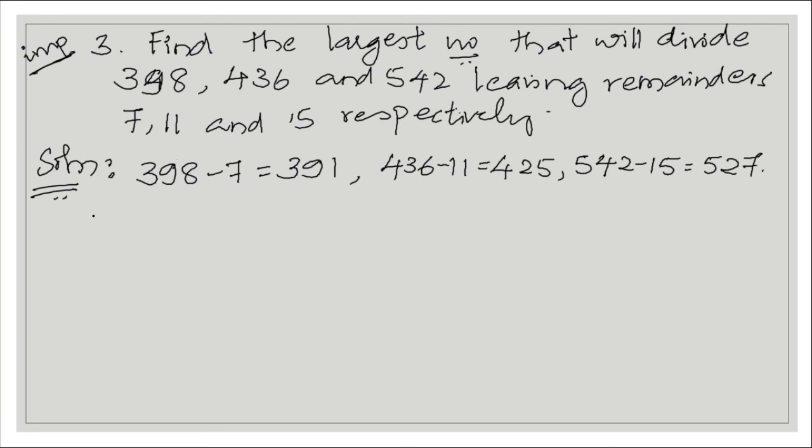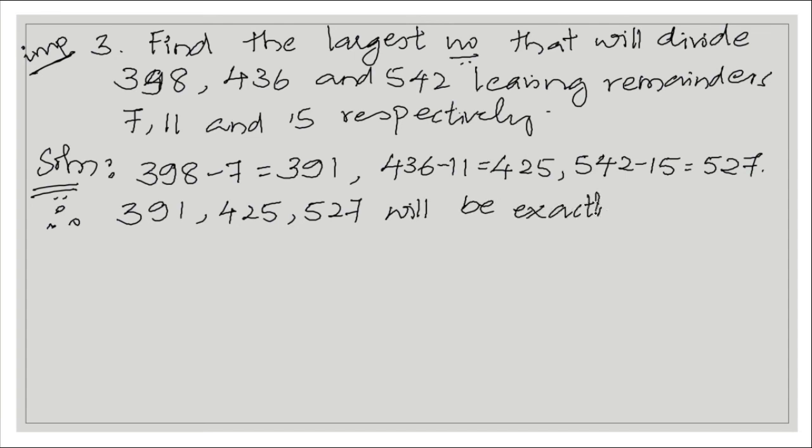Therefore these numbers 391, 425, 527 will be exactly divisible by the given largest number.